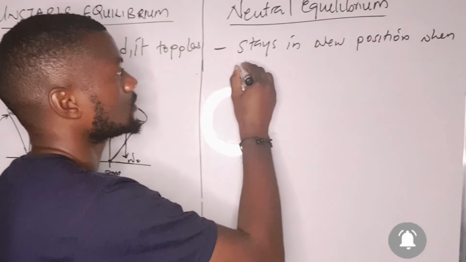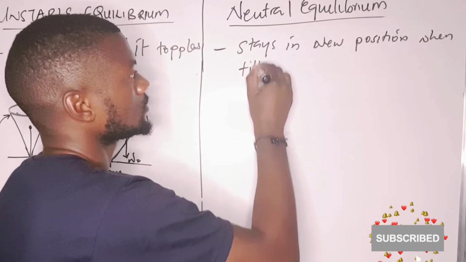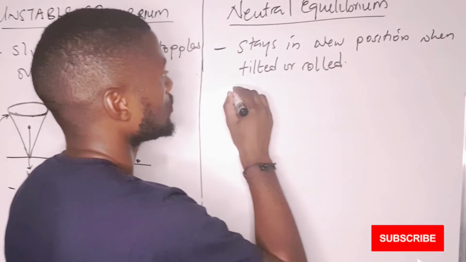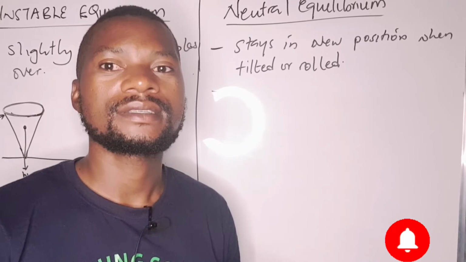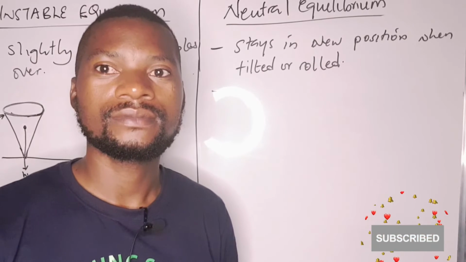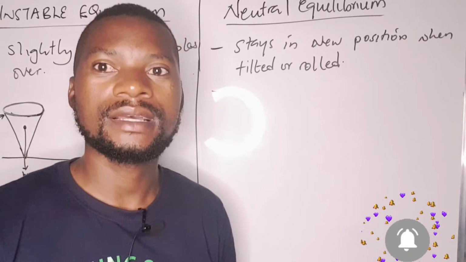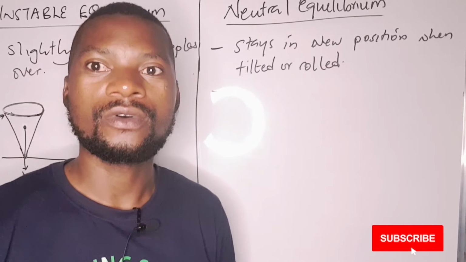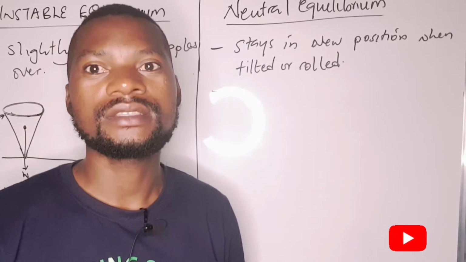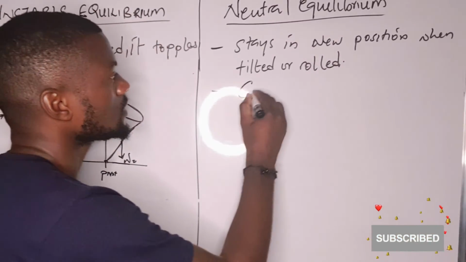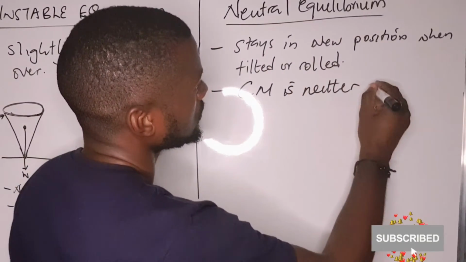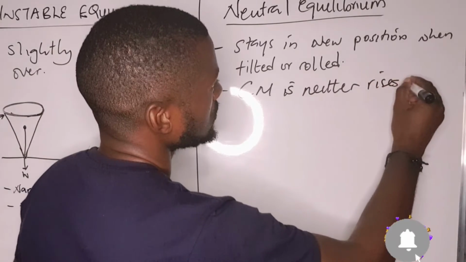So what this means is that for a body that is in neutral equilibrium, the center of mass neither rises nor falls. So it is just neutral. So there is no change in the center of mass. So we're saying the center of mass neither rises nor falls.